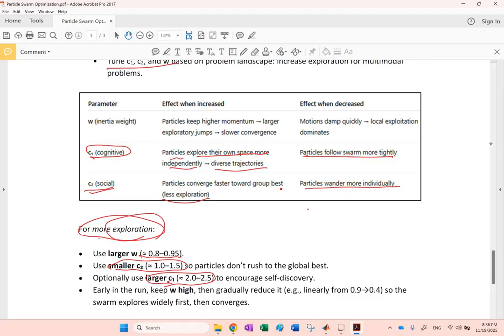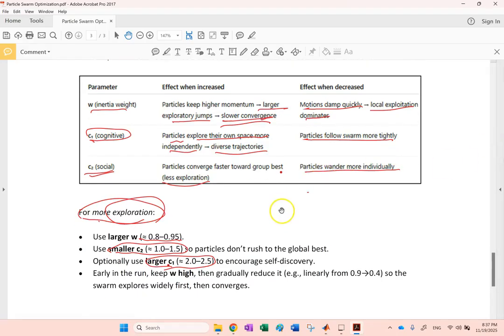Let C2 be a little bit bigger, let C1 be a little bit smaller. And the same thing for W. Bigger W means larger exploration jumps, which sometimes might mean slower convergence, but smaller W means they basically follow the global and local best, and so they will not have the chance to explore too much.